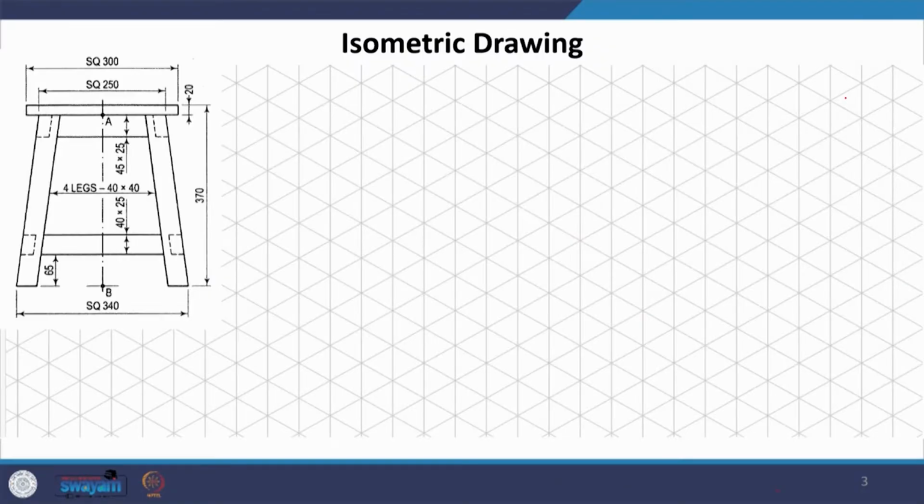Now, this is a simple stool. Okay. There is no circle, it is all square, but the legs are slightly inclined inside towards the top. So, I will start drawing this one from the top, or I would rather take the squares first. Okay. So, when we do that, I am starting to draw from the top.